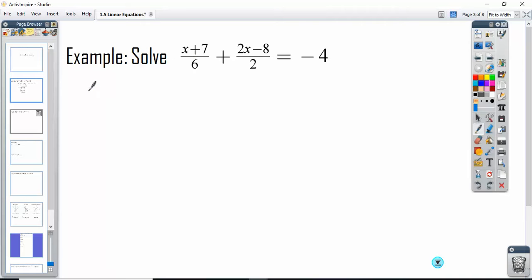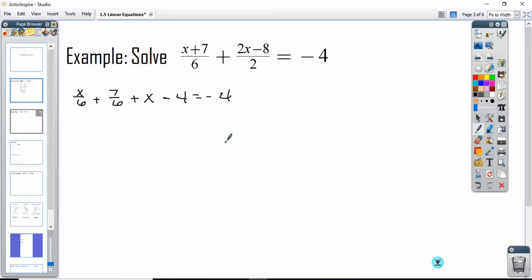So you could write this as x over 6 plus 7 over 6 plus 2x divided by 2, which would be what? X. Negative 8 divided by 2, negative 4, equals negative 4. And we're able to do that since it's just one number on the bottom.